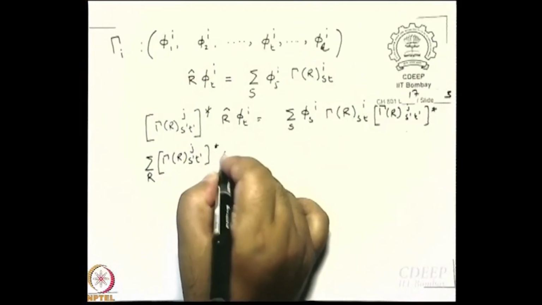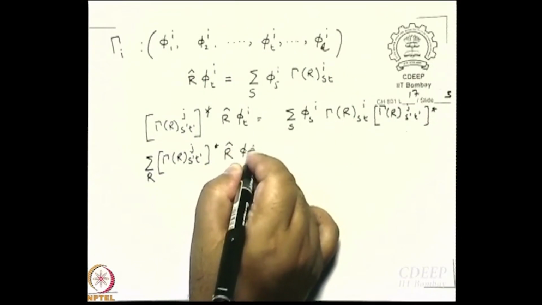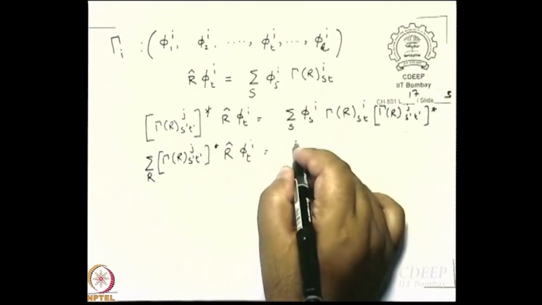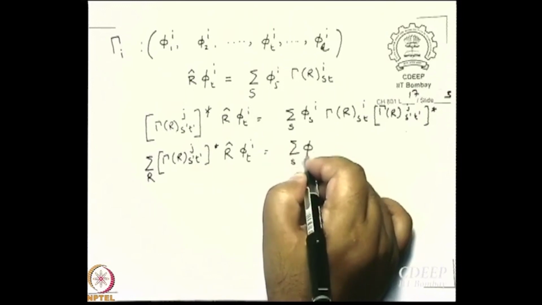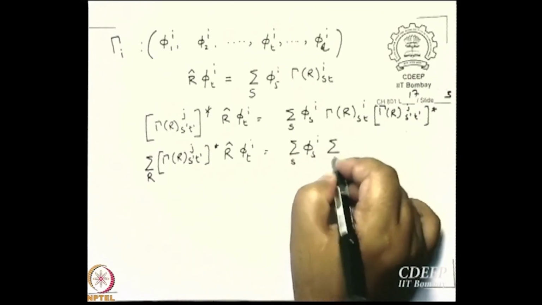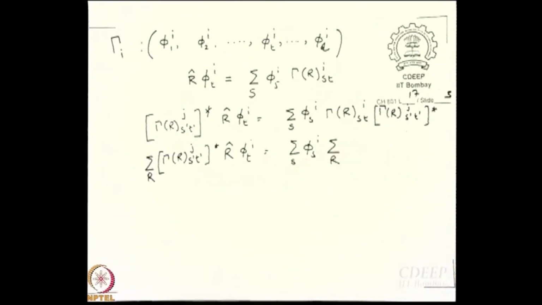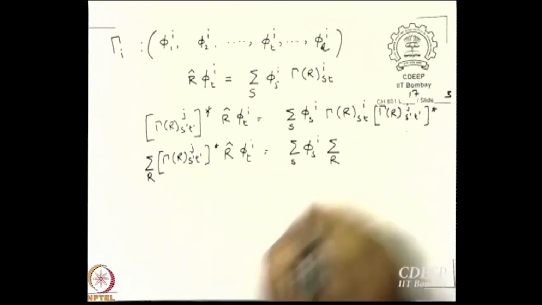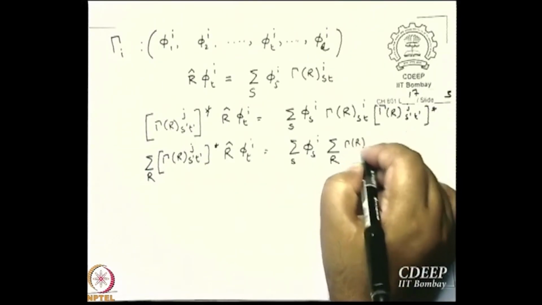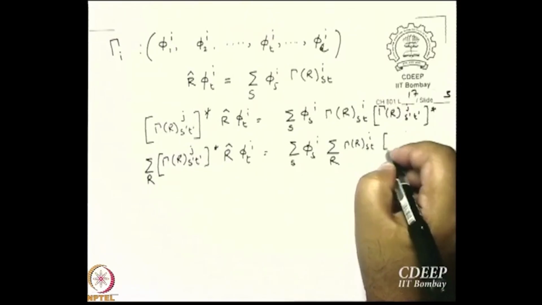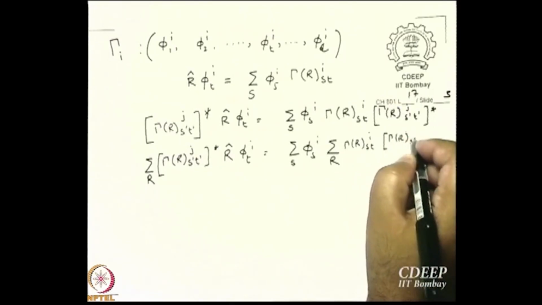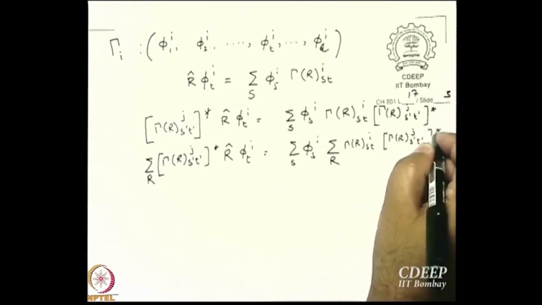So what you need to do is sum over R of gamma R S dash T dash J star times R phi T I. I hope nobody has an objection if I take this out and put the summation here. I can do that, right? Gamma R S T I, then gamma R S dash T dash J star.